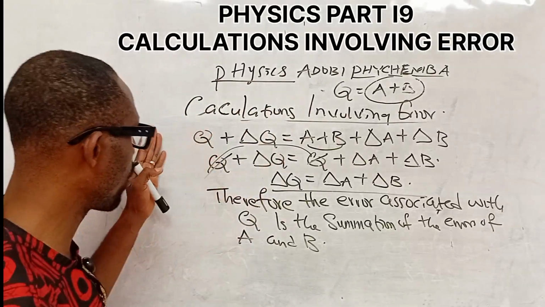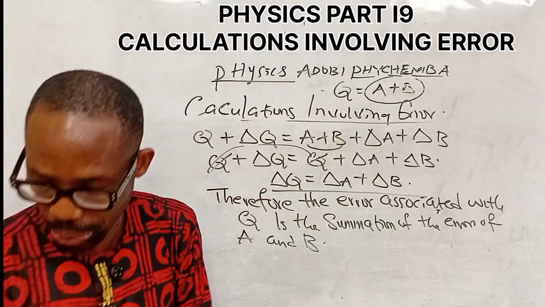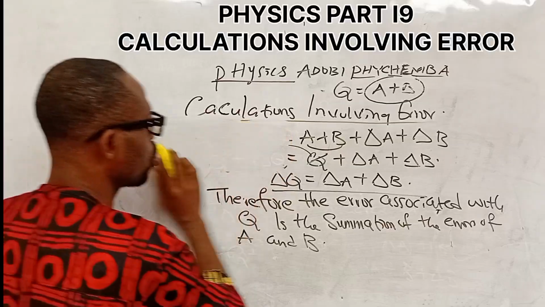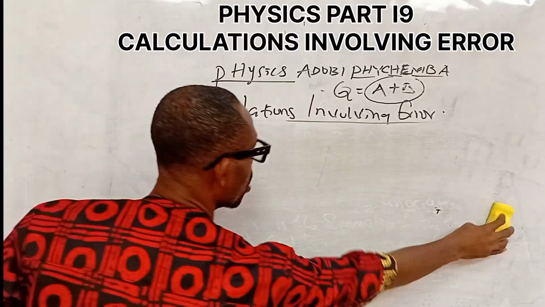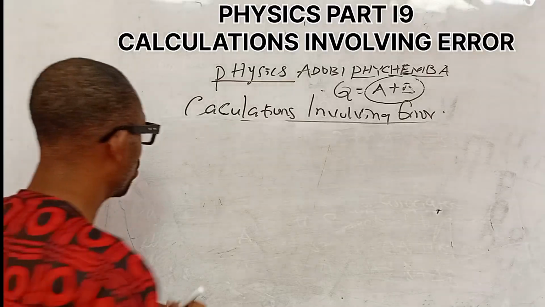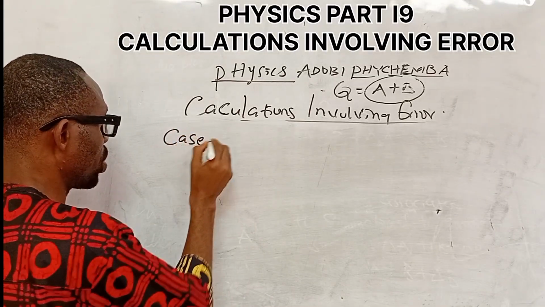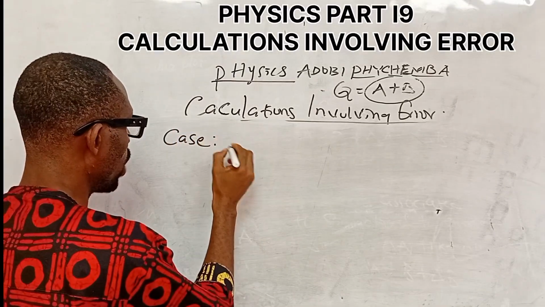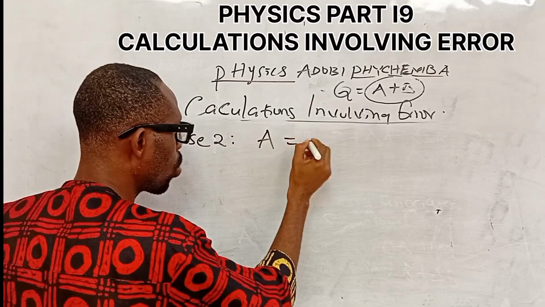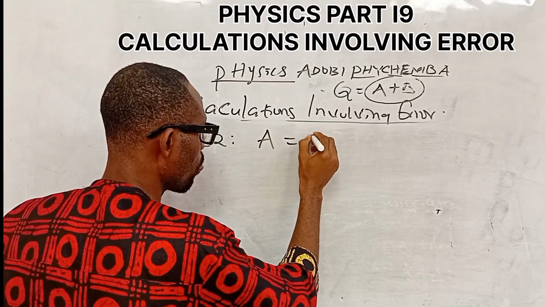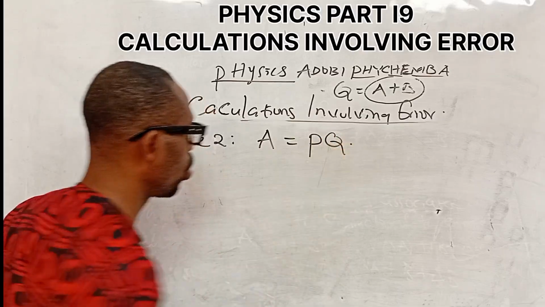We have looked at the first case where Q is equal to A plus B. In case 2, dealing with error, we're still under the calculations of error. We have A equal to PQ.